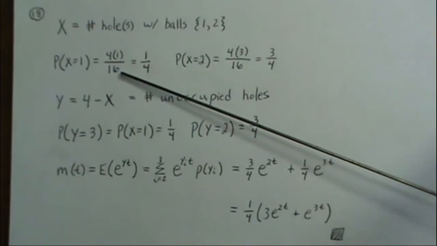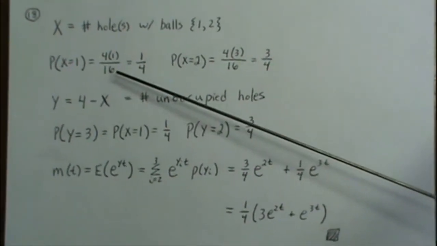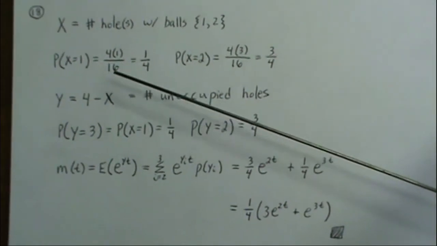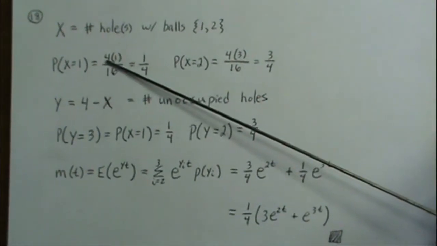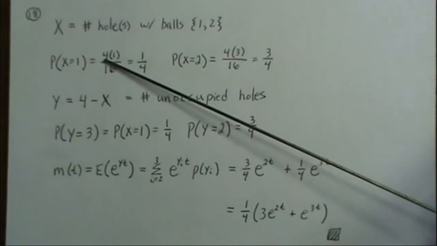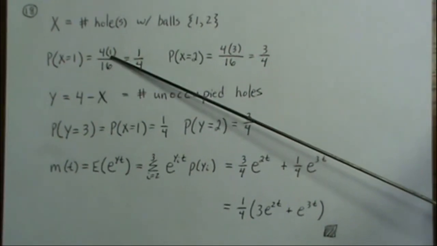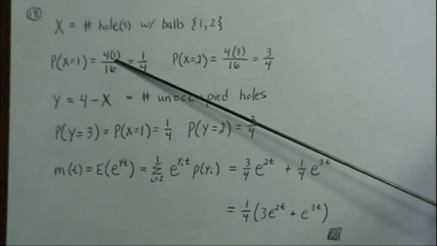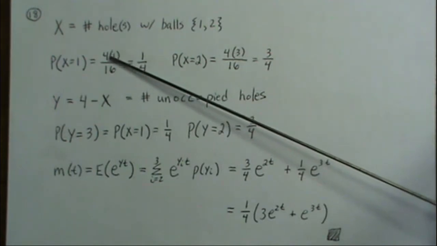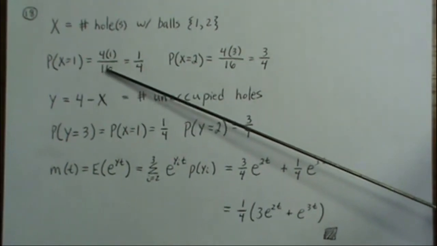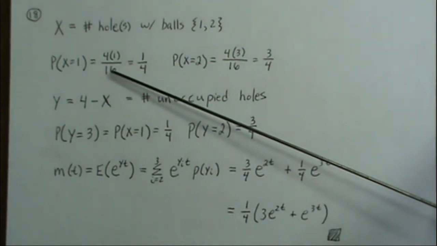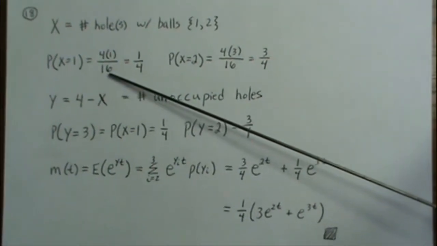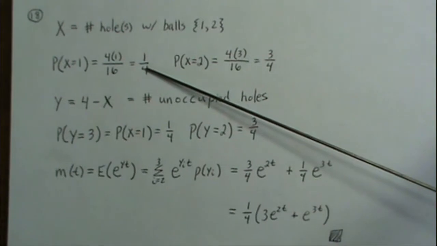Then if you take 2 balls and pick a hole at random, there's 4 ways to do that. Then the second ball has to go in that same hole, so there's only one possibility. So the probability that 1 hole is occupied is 1/4.